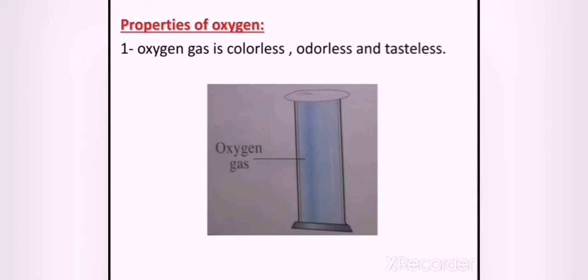So oxygen gas is colorless, odorless, and tasteless.